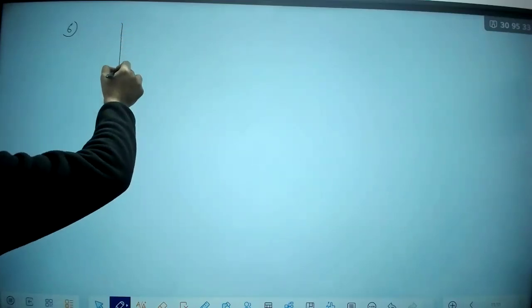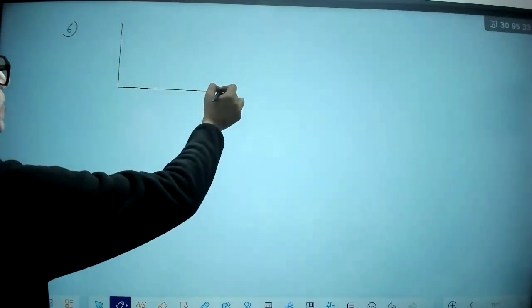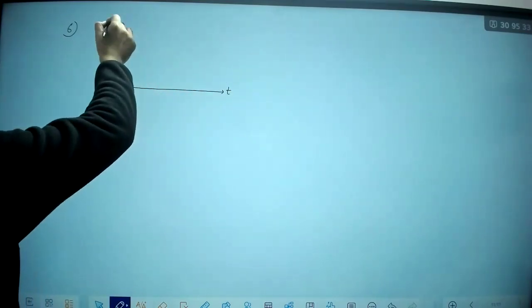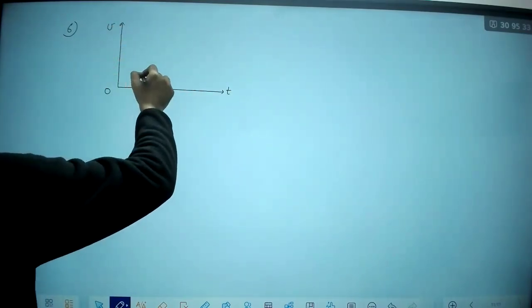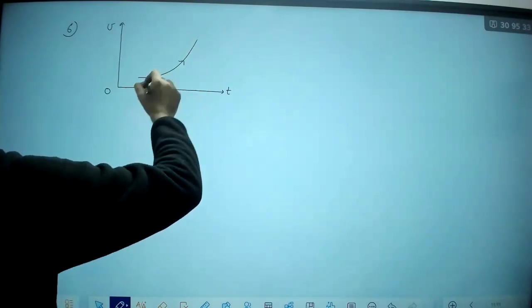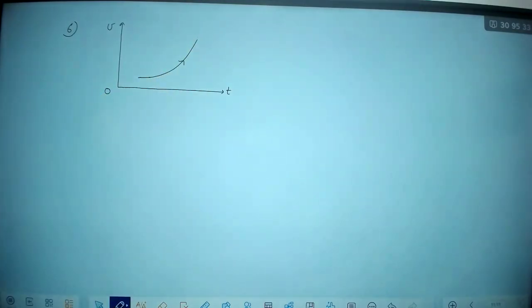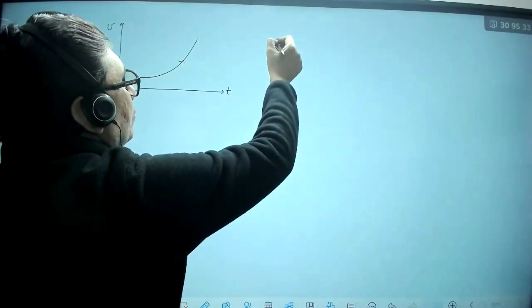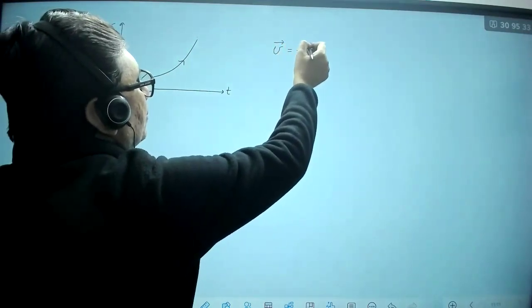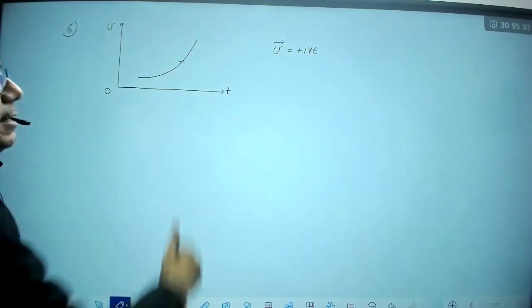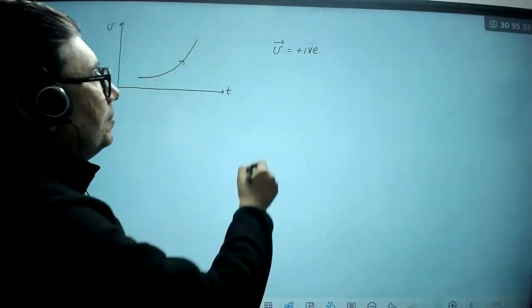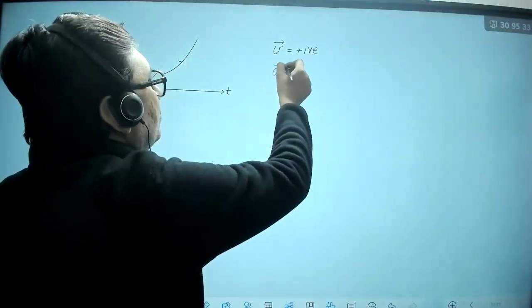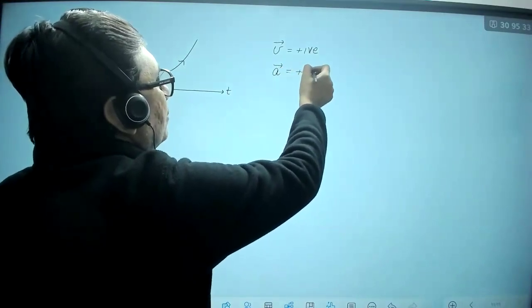This is fifth, then sixth. This is time here. This is V here, 0. And if you are having this type of graph, V is positive, above this axis. Second, V is increasing with time, so acceleration is positive.